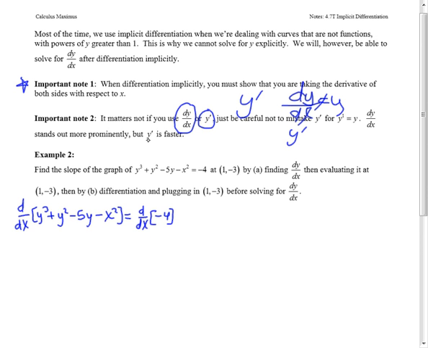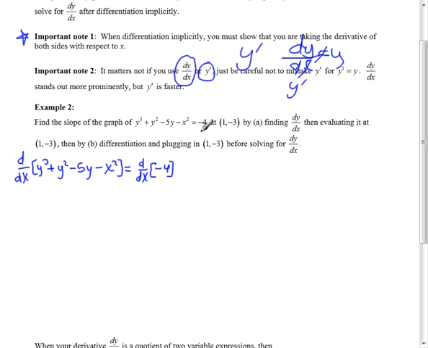Alright, so let's try an example here. We're going to find the slope of a graph at a certain point by finding dy/dx, then evaluating it there. Alright, so can you easily solve this for y? Probably not. So this implicit differentiation might save you some time.